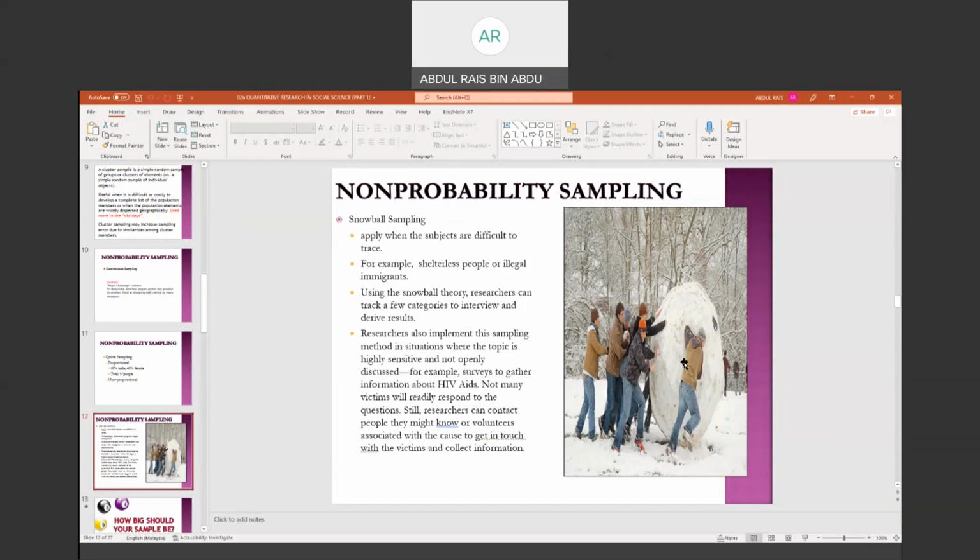But true to the concept of snowball sampling ni, dia tak boleh lah approach the CEO of 1MDB or certain individu yang dituduh menerima wang yang banyak dari luar negara tu. So what she did at the time was go through different stages lah.